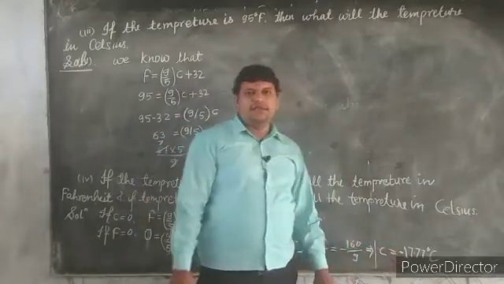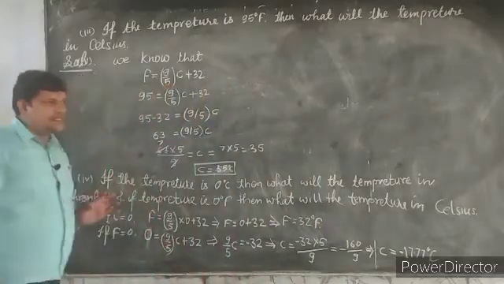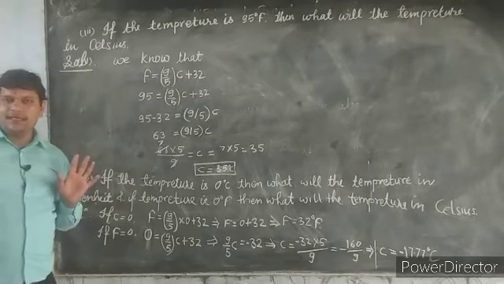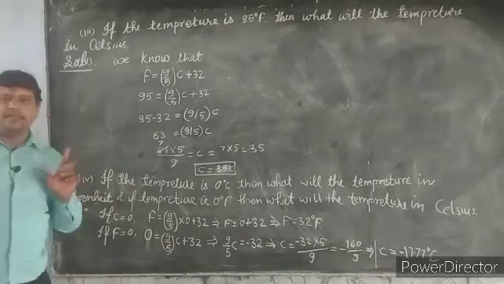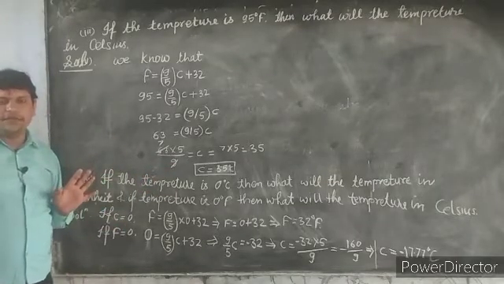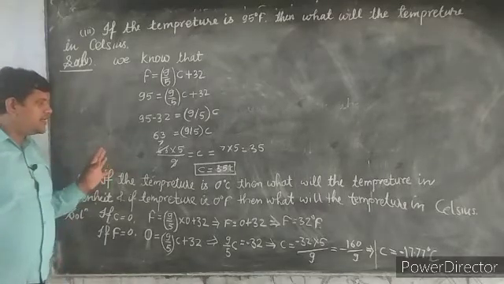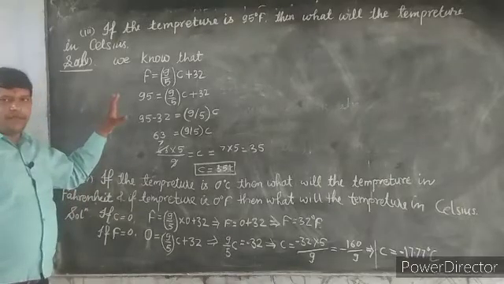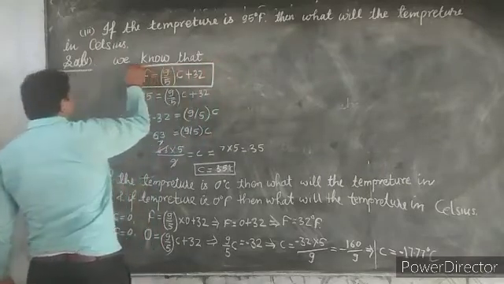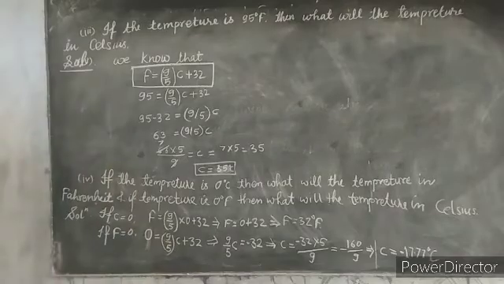This is minus 160 upon 9, or minus 17.77 degrees centigrade. It means when the temperature is 0 degrees centigrade, the temperature in Fahrenheit will be 32 degrees Fahrenheit, positive. But when the temperature in Fahrenheit is 0, then the temperature in centigrade will be negative, minus 17.77 degrees centigrade. And we use this formula for converting any temperature.